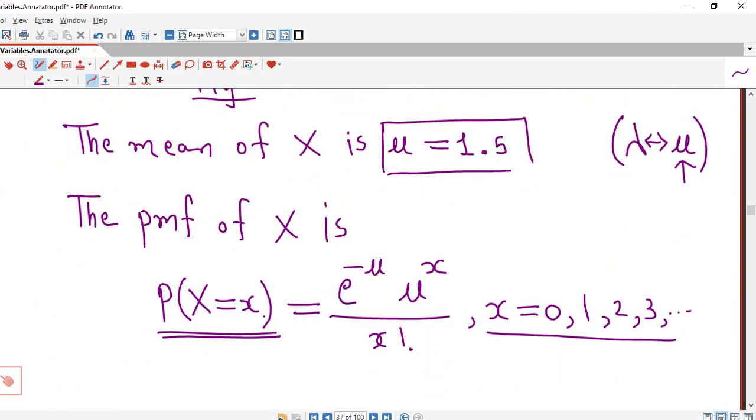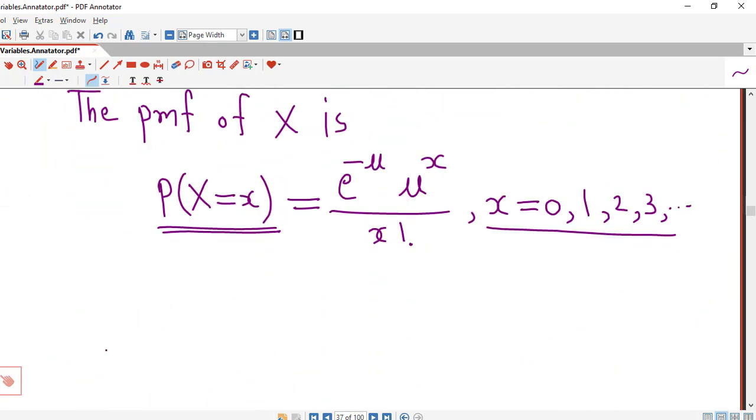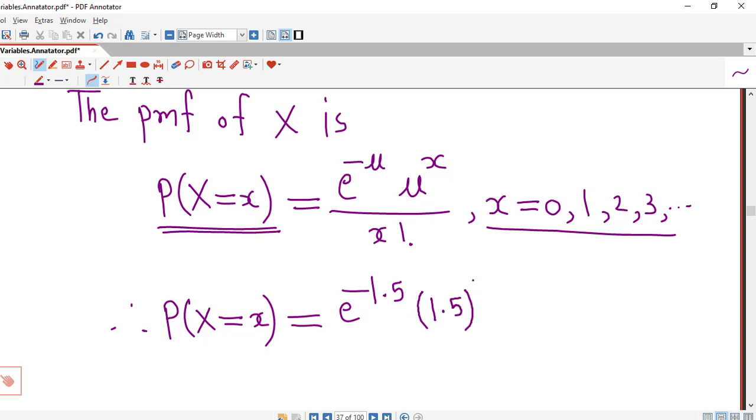Now we see what is being asked. Before that we substitute mu equal to 1.5. So the probability that there will be x demands for a car on each day is given by e raised to minus 1.5, 1.5 to the power x divided by x factorial, where the number of demands for a car can be 0, 1, 2, 3 and so on.